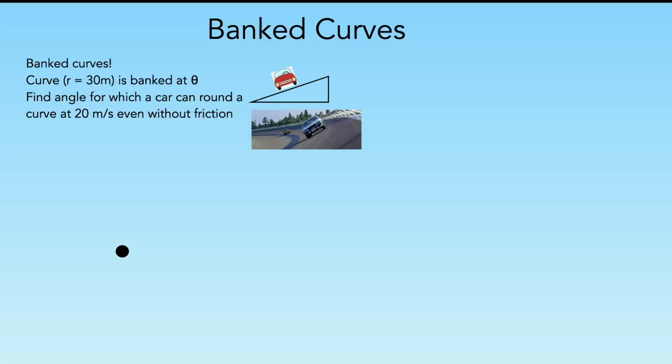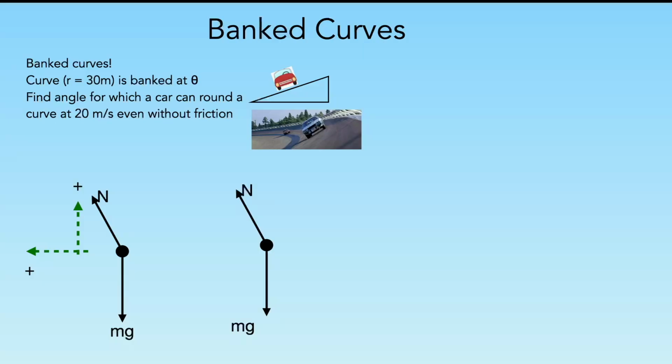If we do a free body diagram for a car on there, we'd have mg, and the contact force from the road, which is the normal force. Again, it says without friction right now. It'll get harder. Now, frame of reference: the acceleration is a centripetal acceleration towards the center of the circle, so we have to define our frame of reference this way. The normal force gets broken down into components, n cosine theta and n sine theta.